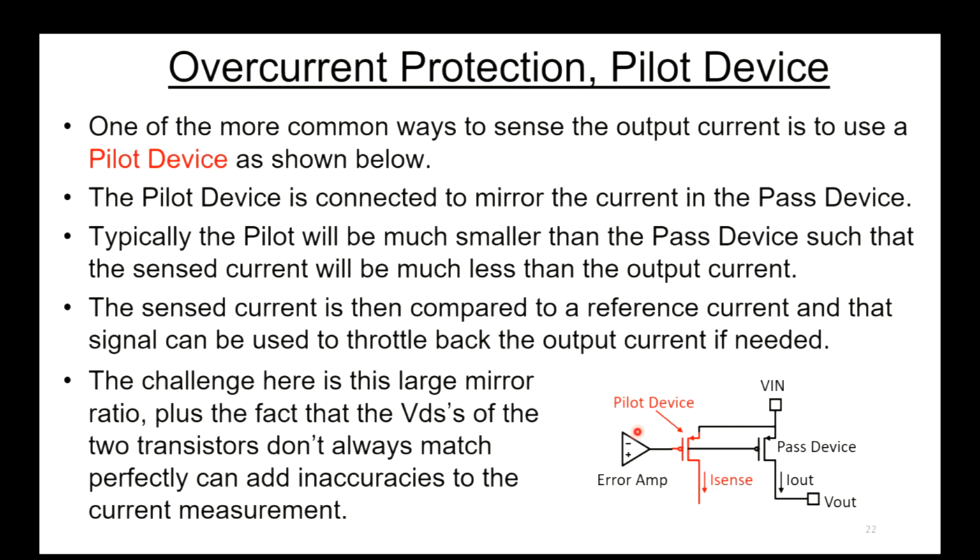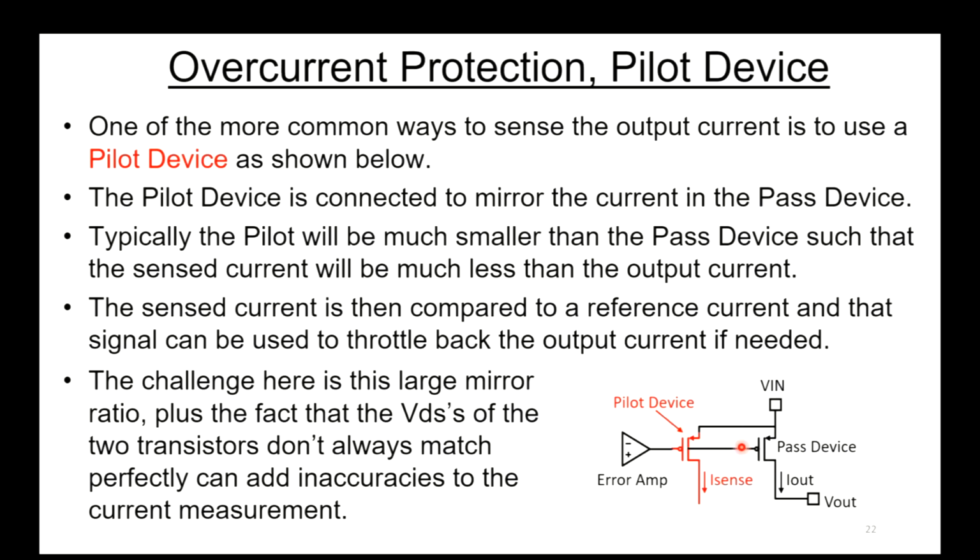The pilot device is connected in a mirror arrangement with the actual pass device. You can kind of see here we have the pilot device hooked up such that it receives the same VGS as the pass device. Typically, the pilot device is going to be way smaller than the pass device. It might be maybe like a 500-to-1 ratio here.